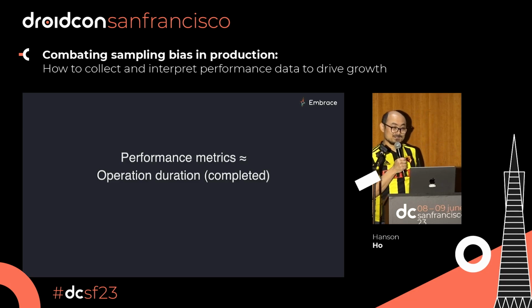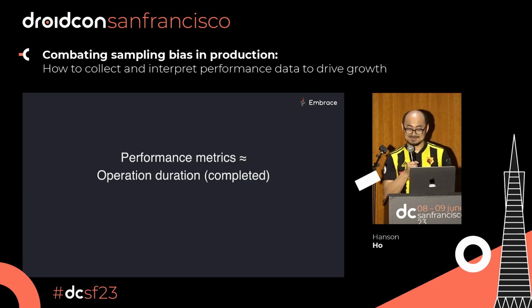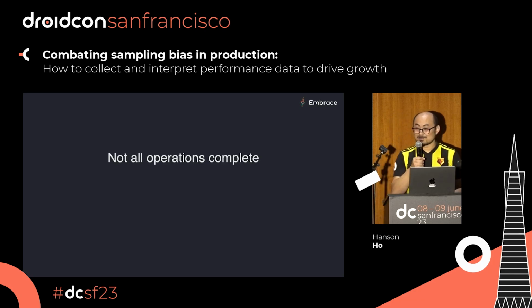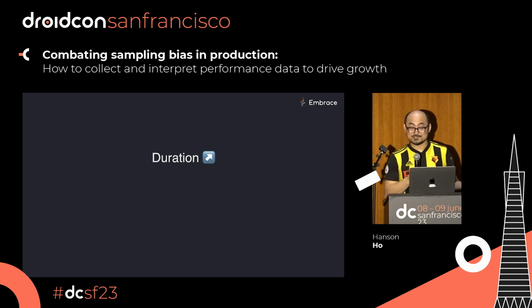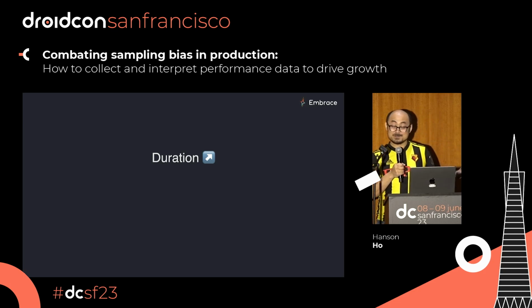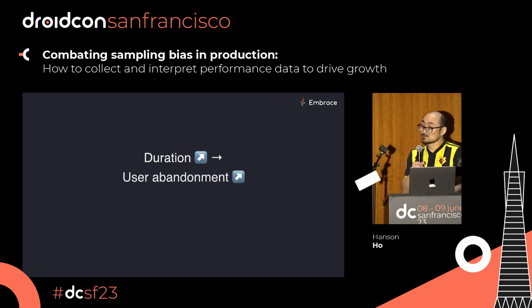You go to Android Vitals, you look at app startup time. Those are measurements for when app startup completed. But not all operations actually complete. In fact, if duration of an operation goes higher, what you typically see is more users give up.